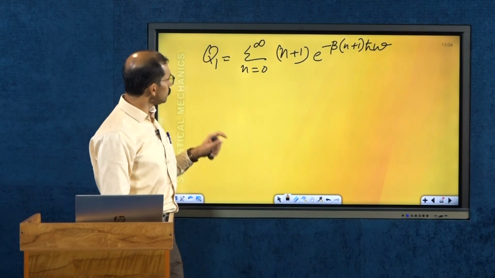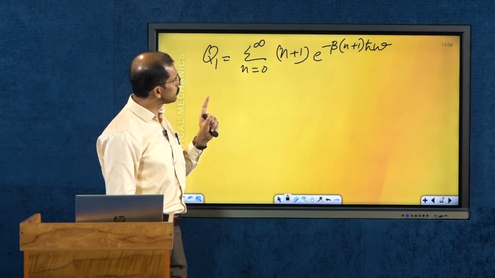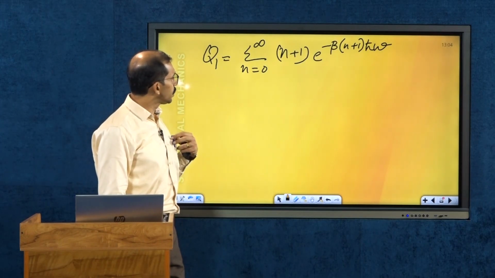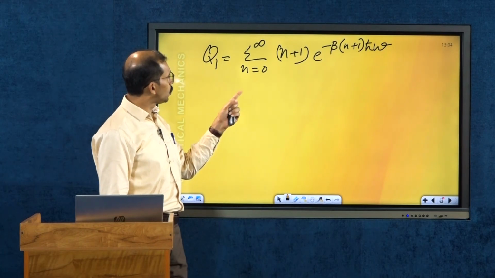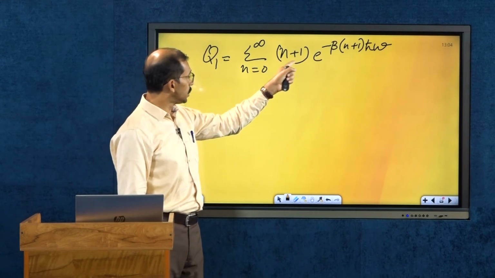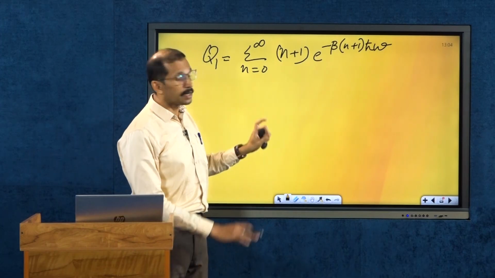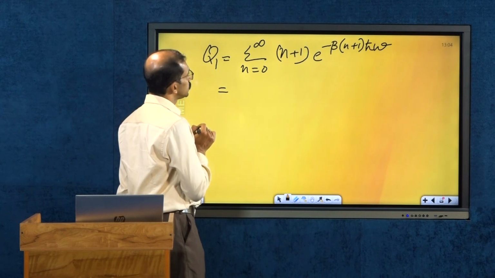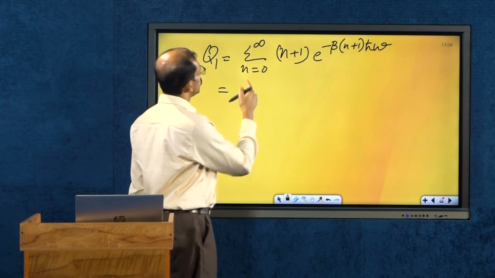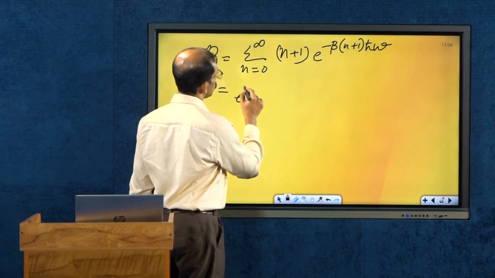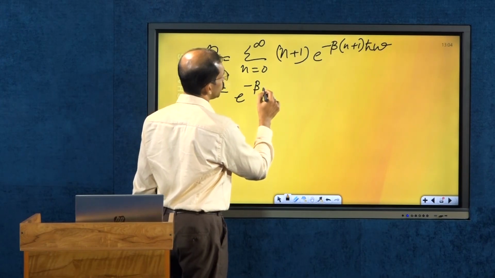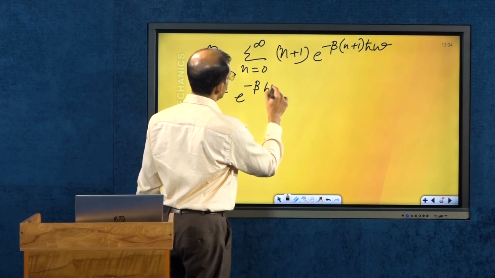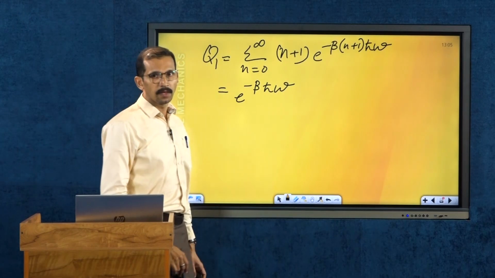Now I need to simplify this expression mathematically. How to do that? Let's do one thing. We will substitute n equal to 0, n equal to 1, 2, 3, etc. into this expression and make it a series, right? So n equal to 0 means my first term would be e raised to minus beta h cut omega.